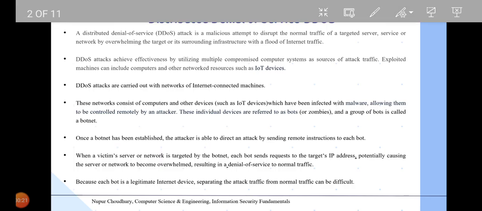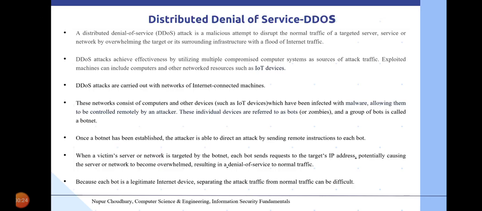So let's get started. To begin with, the distributed denial of service, which is also known as DDoS attack, is a malicious attempt to disrupt the normal traffic of a targeted server, service, or network by overwhelming the target or its surrounding infrastructure with a flood of internet traffic, which means that it increases the internet traffic and disrupts the normal functioning of the targeted server or the services provided by that particular system.